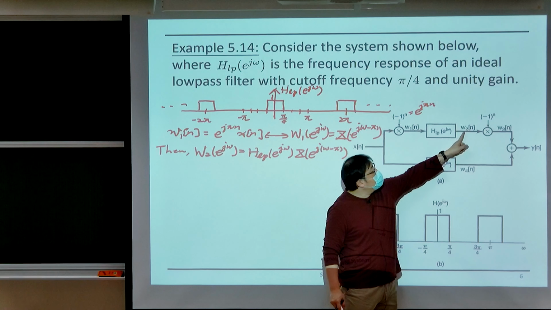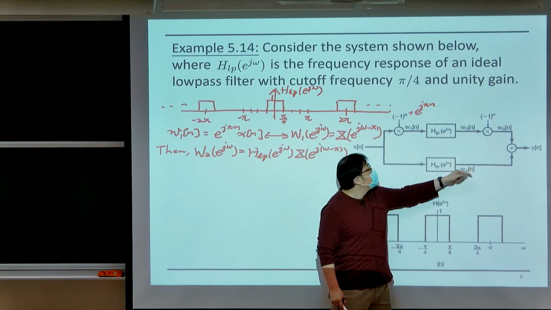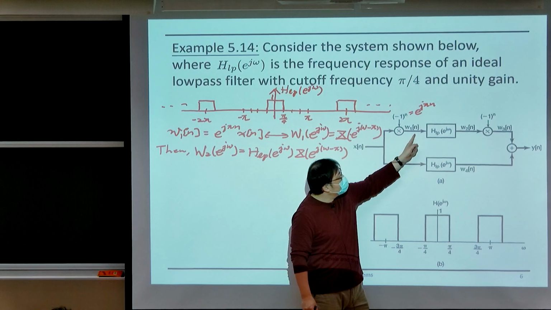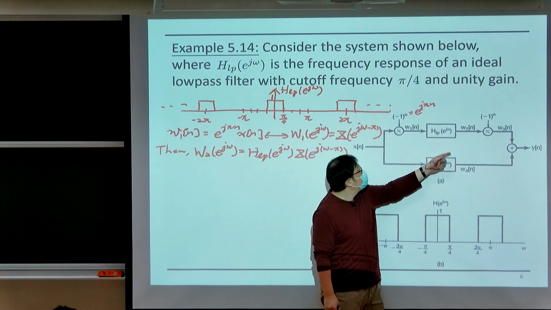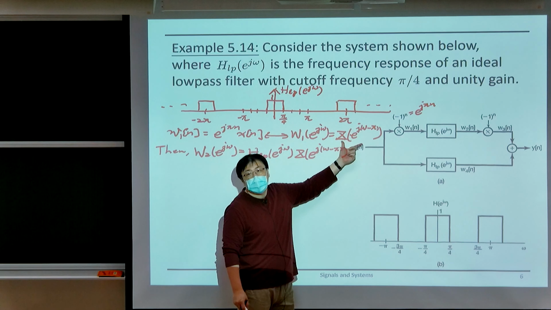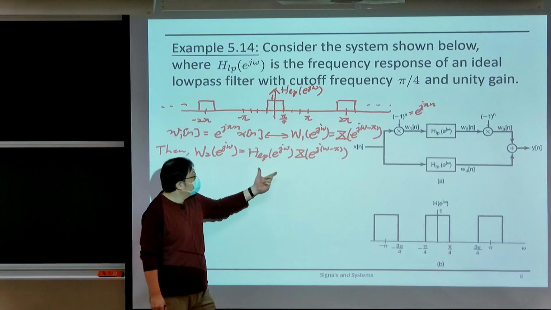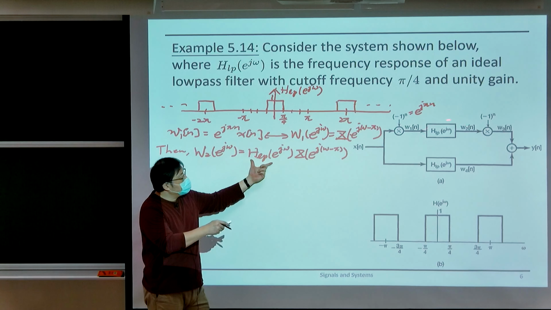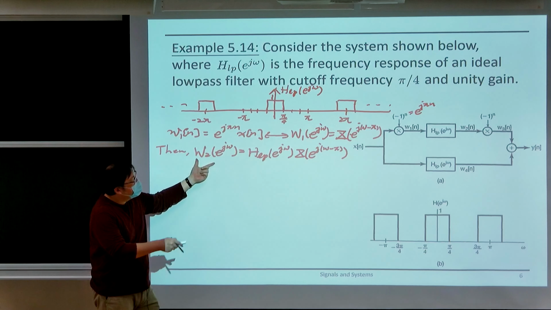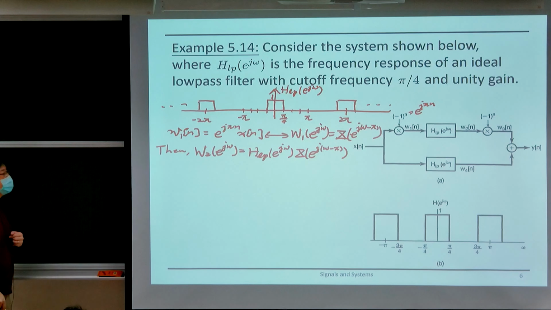So the spectrum at the output of this subsystem is equal to the input spectrum times the frequency response, and the input spectrum is this frequency-shifted x. So we have this frequency-shifted x times the frequency response to get the spectrum of W2.